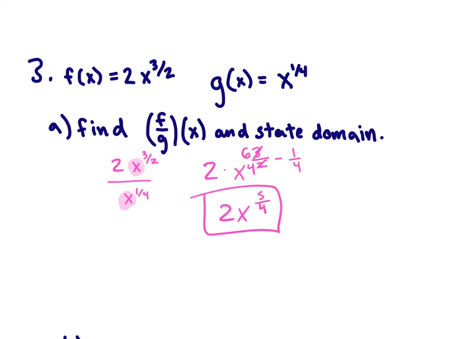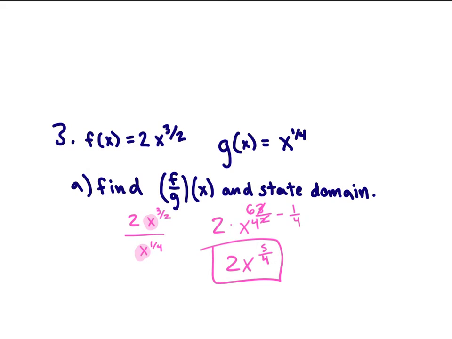Now we have to state our domain. So going back to our f of x and g of x, what is our index for f of x, and can we have negative numbers? Yeah. If our index is even, can we have negative numbers? No. So our domain is going to be what?